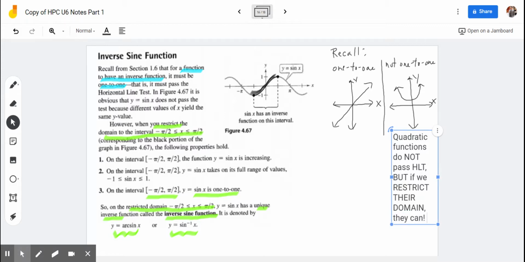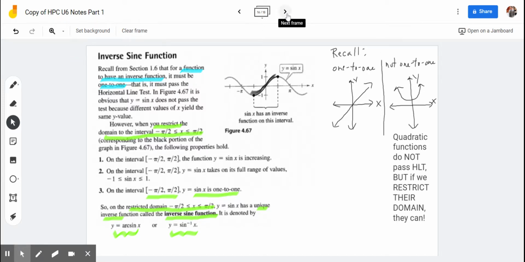So that's what we're kind of doing with the sine function as well. If we restrict the domain of sine of x to just negative pi over 2 to pi over 2, then the function in that restricted domain will be 1 to 1, and therefore we'll be able to have an inverse. And that's what the inverse sine function is. It's based off of that definition of a function being 1 to 1.